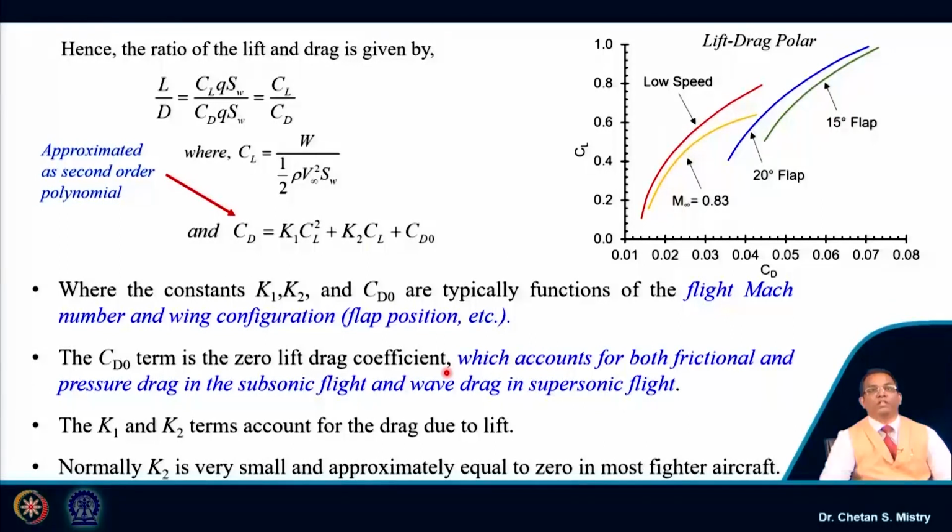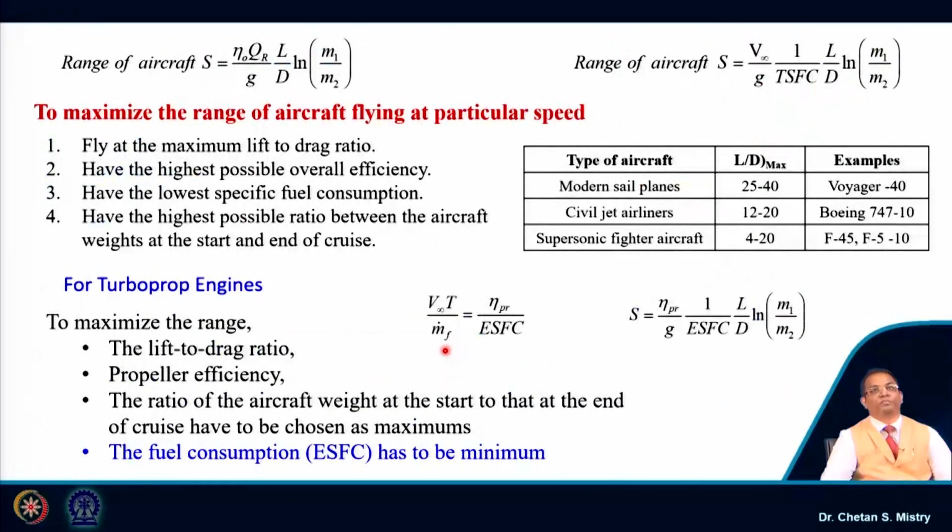This CD0 is nothing but the zero lift drag coefficient. So basically it accounts for frictional and pressure drag when we are considering subsonic flight. It takes care of wave drag when we have supersonic flight. And K1 and K2 account for drag due to lift. This K2 comes out to be very small, and that is the reason we take it as nearly 0 for, say, military aircraft.